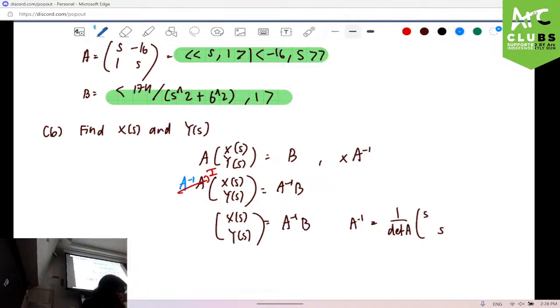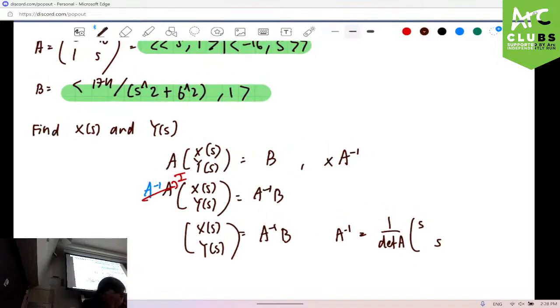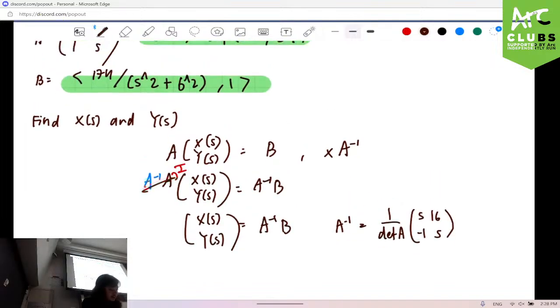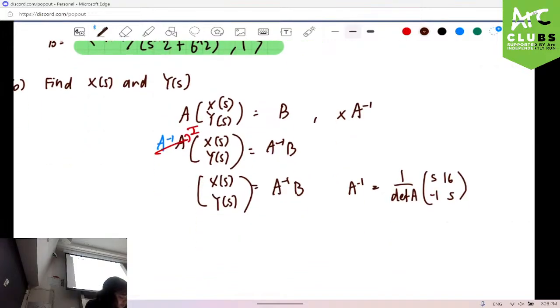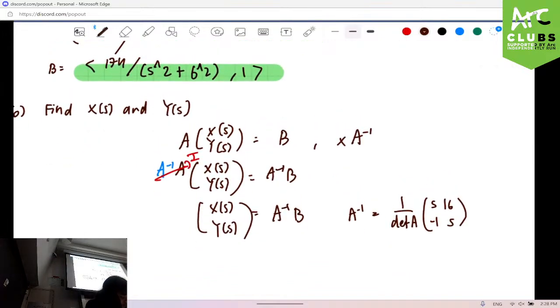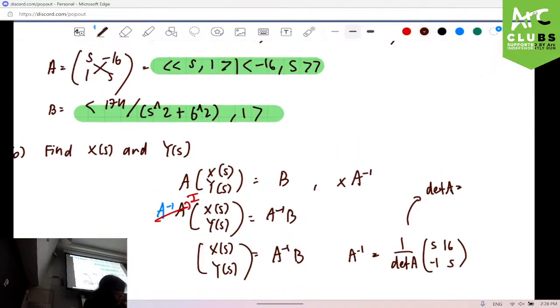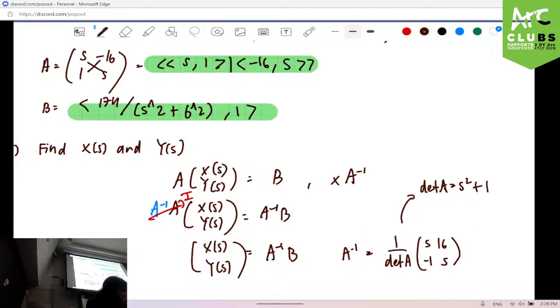So this one becomes 16, this one becomes minus 1. The determinant of A is just AD minus BC, so it would be s squared plus 16.